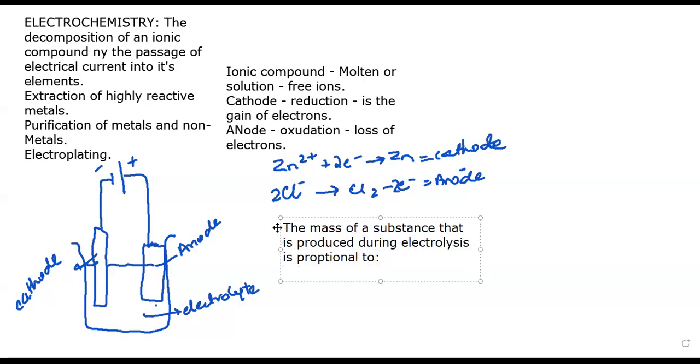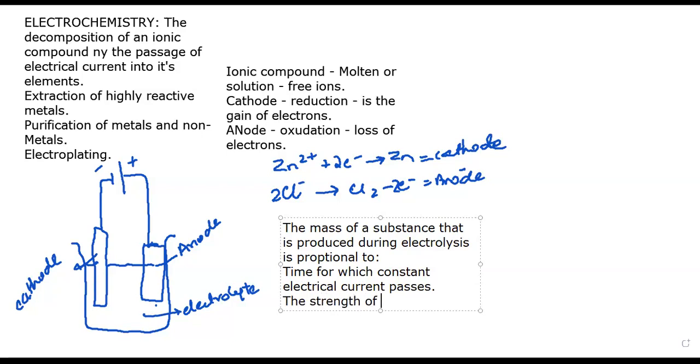One, the time for which the constant electrical current passes. Secondly, the strength of the electrical current. These are the two things the mass of the substance will depend upon.